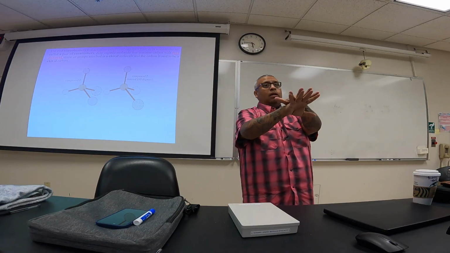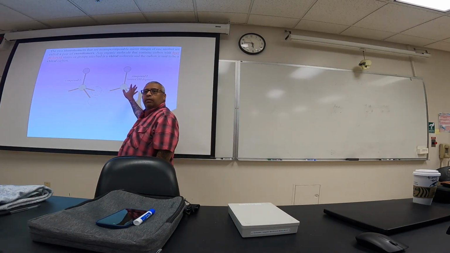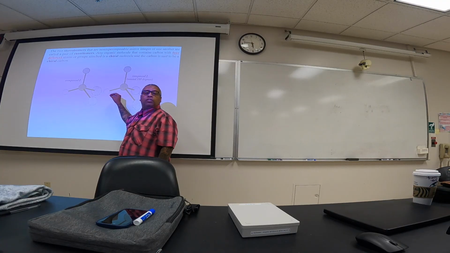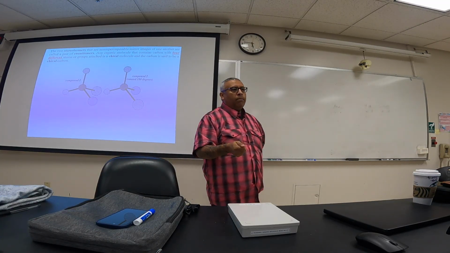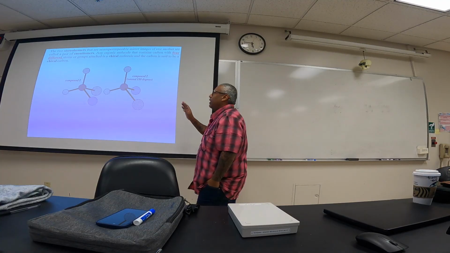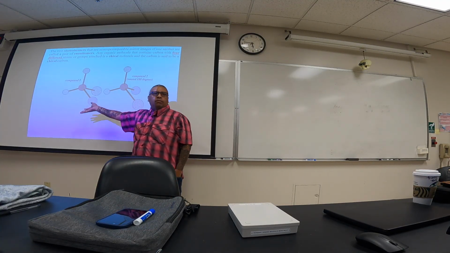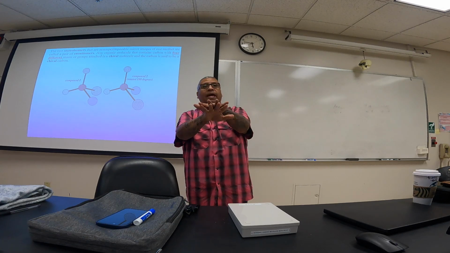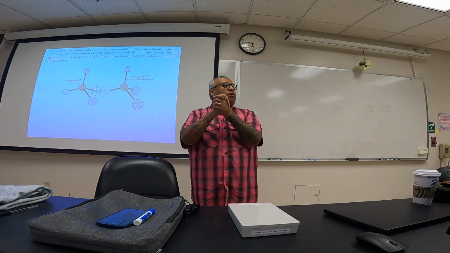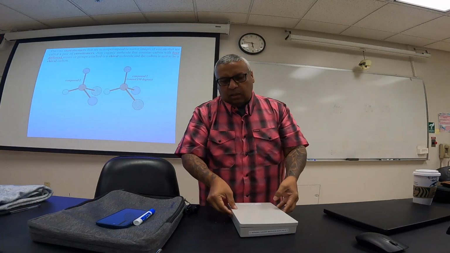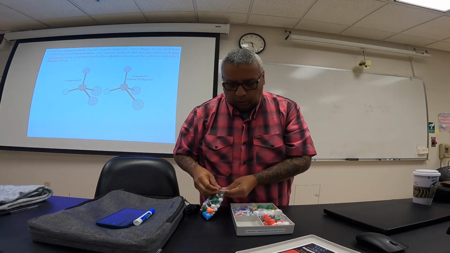When they can't line up like that, when we have stereoisomers that are mirror images and you cannot superimpose them, they are considered to be enantiomers. We can consider my hands to be enantiomers because I cannot superimpose them, even though they're mirror images of each other. I'll build a couple of small models real quick.